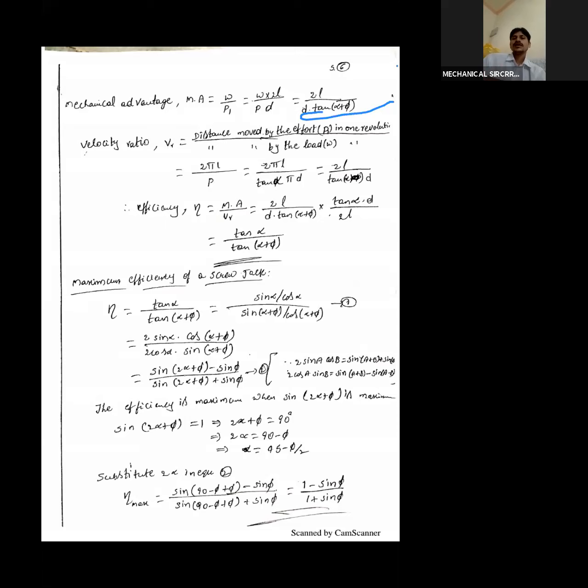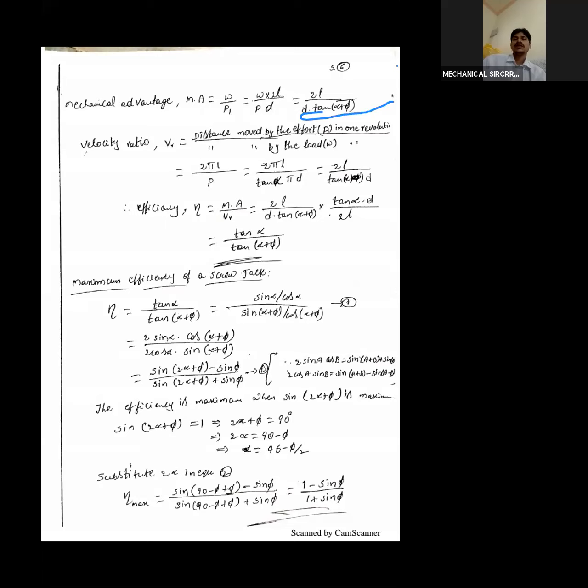Why? Because it depends upon the circumference in one revolution, how much is there. That circumference is written here, that is 2 pi L. Then 2 pi L divided by the distance moved by the load.